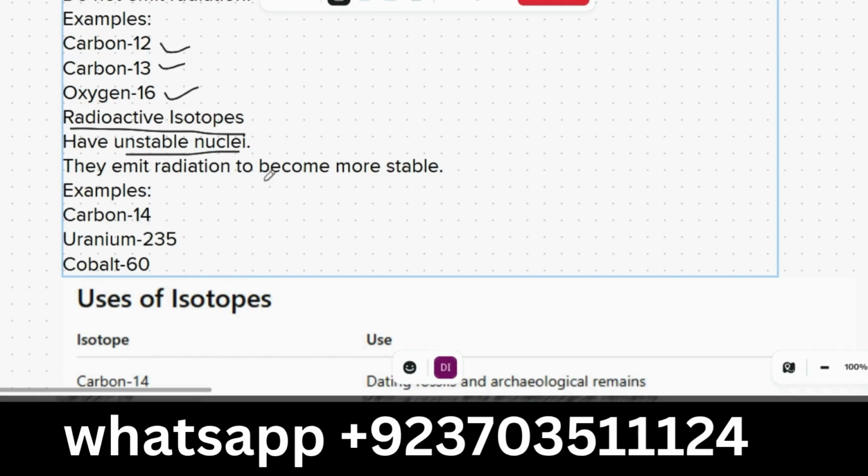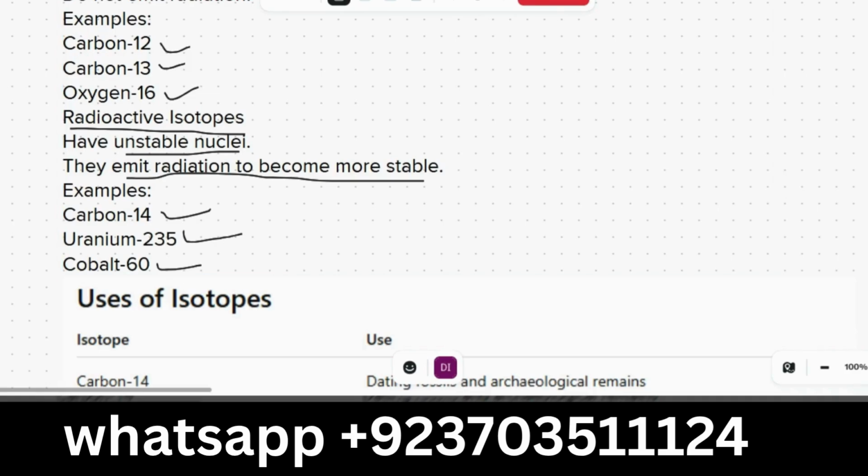They emit radiation to become more stable. That is an important thing. An example is carbon 14, which is a radioactive element. Uranium, which we use for nuclear reactions, is used for the generation of electricity as well as for military purposes. They emit radiation. Cobalt 60 also emits radiation.